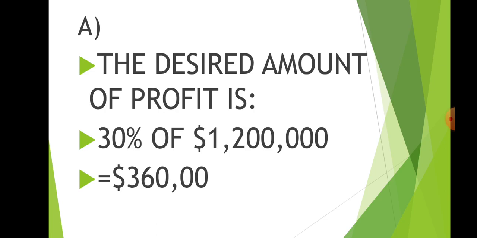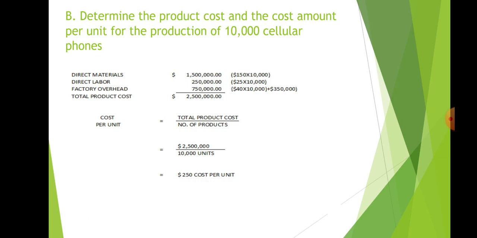Letter B is to determine the product cost and the cost amount per unit for the production of 10,000 cellular phones. So first, we compute the product cost.